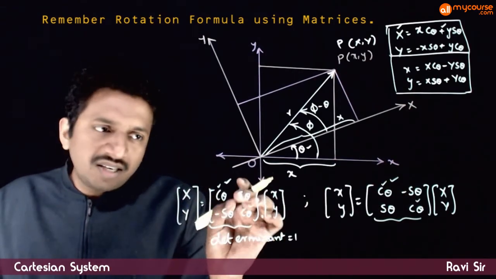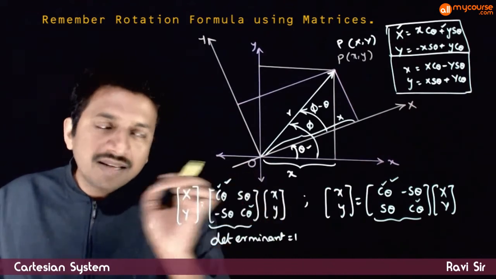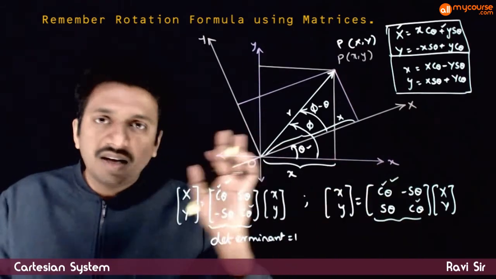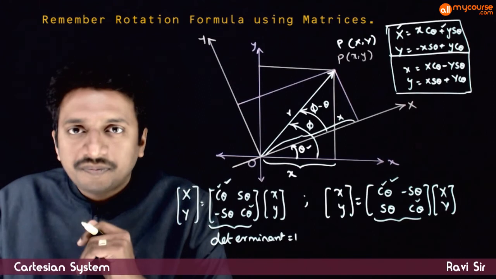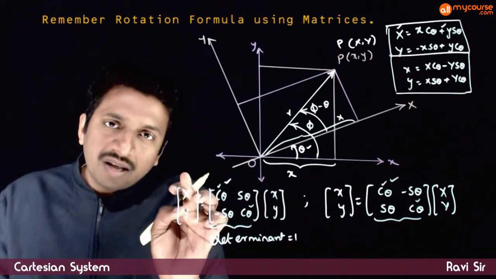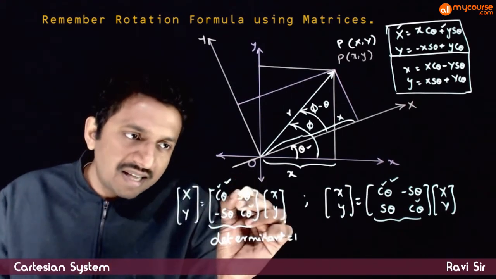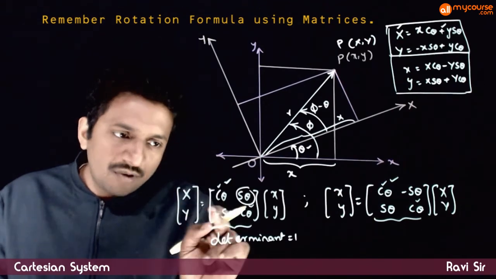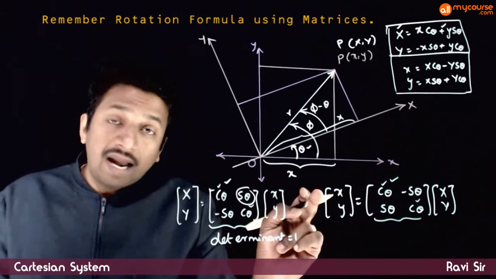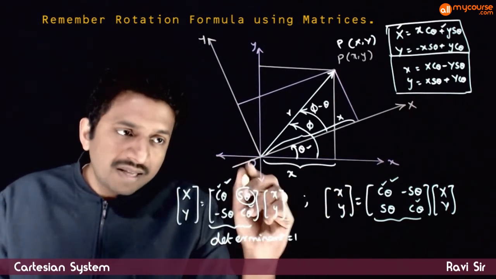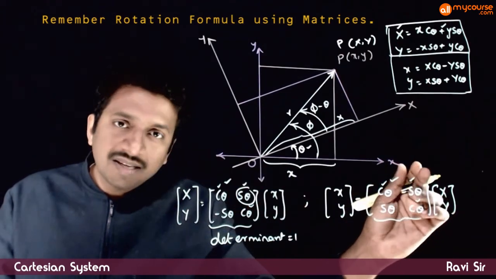The difference is just that you have plus sin theta here, minus sin theta here, minus sin theta here, plus sin theta here. So if you just remember capital X has plus sin theta, automatically capital Y should have minus sin theta, and automatically if you have plus sin theta here, you have to have minus sin theta here.